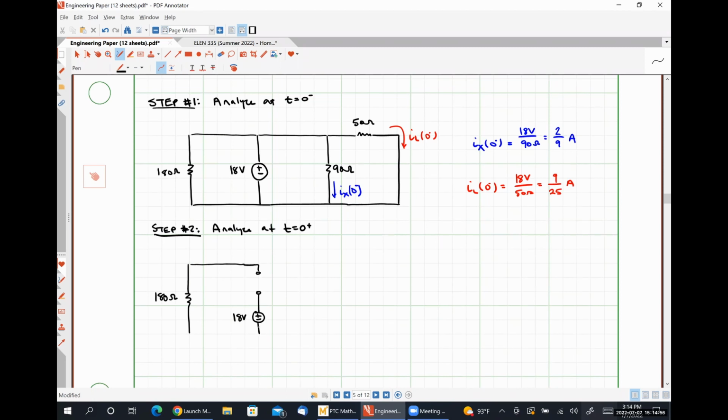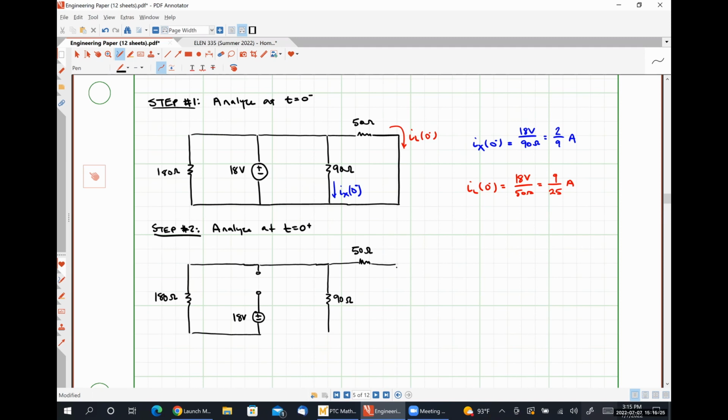Since my switch is open, the 18 volts is disconnected. Here's my 90 ohm resistor. Here's my 50 ohm resistor. And I drew that one too long.